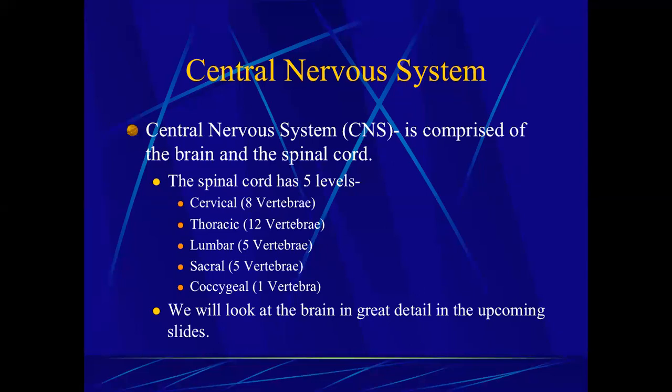But we have a series of vertebrae for each. So if you ever did neuroimaging, you might hear, oh, that person has a lesion at C4. What does that mean? That means they have a lesion in the cervical spinal cord, the 4th vertebrae, right? So it's important to understand.